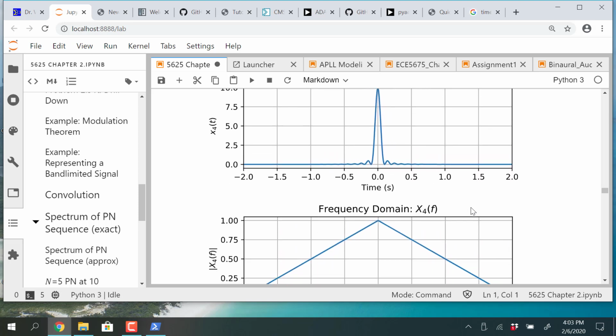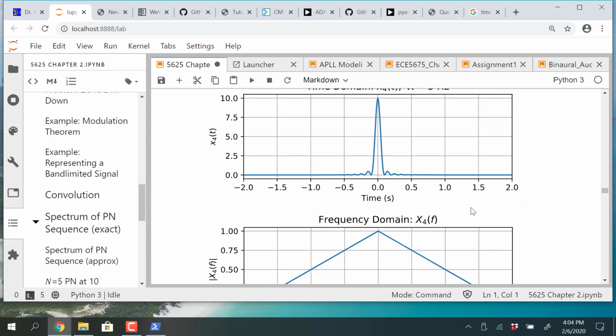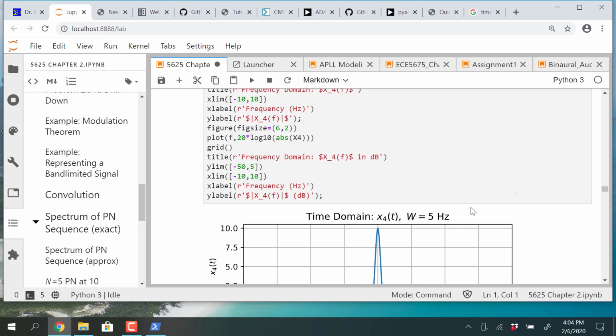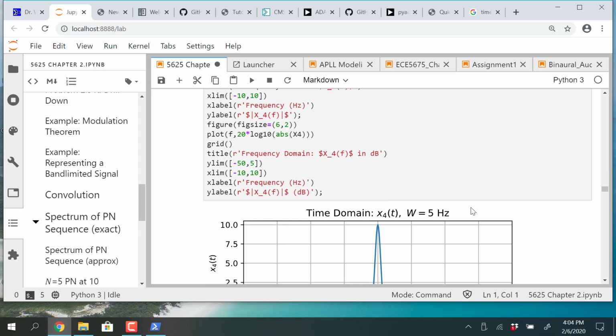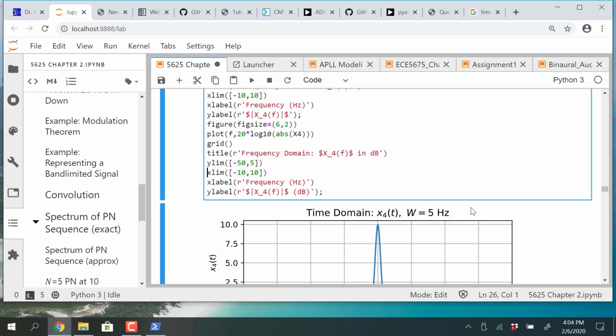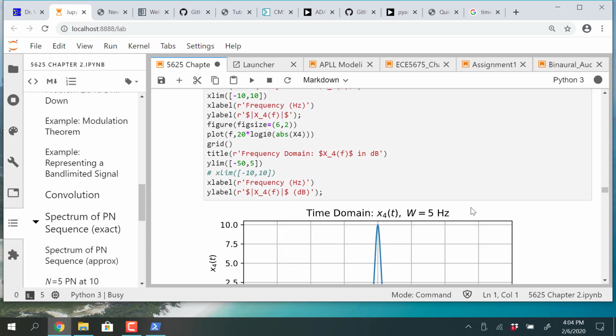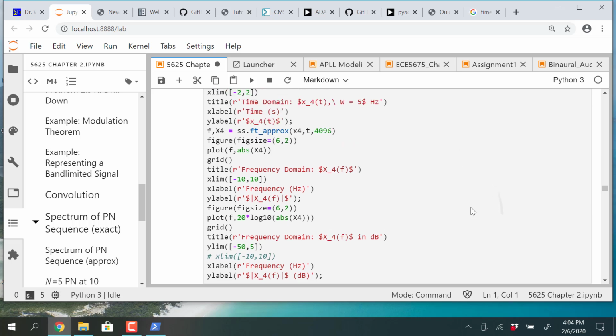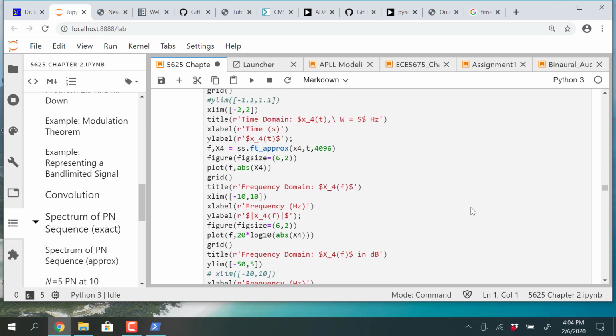There's the sinc squared and there's the triangle. I don't really have enough frequency axis that I'm plotting in here to actually see it, but I could open this up by commenting that out. I guess I'm at the full extent though. At any rate, the triangle is a little bit better because it's effectively a window that's smoother. It doesn't have the discontinuity in it that we're trying to represent.